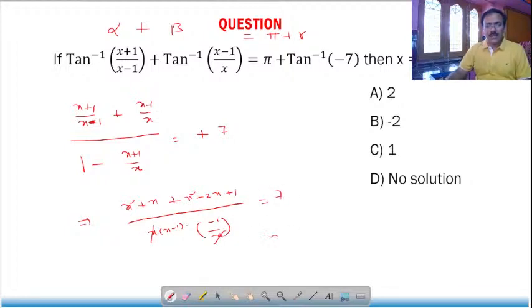You can cancel this. 2x square minus x plus 1 is equal to minus 7 into minus 7x plus 7.